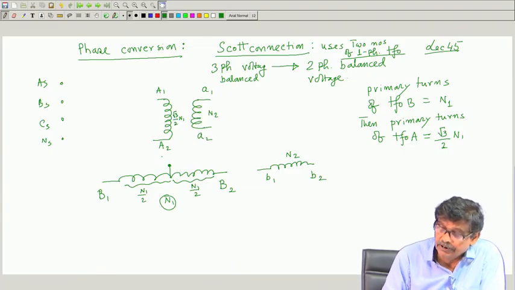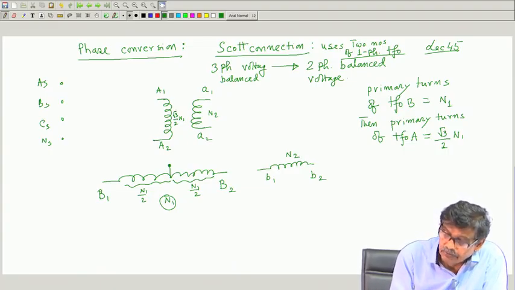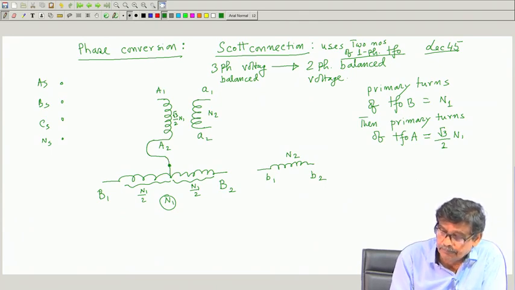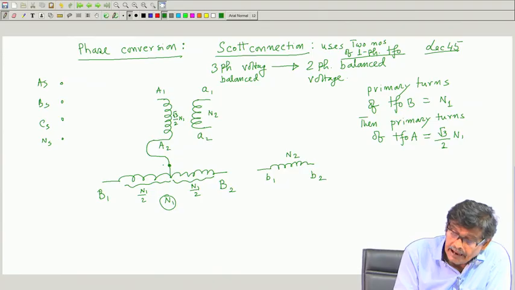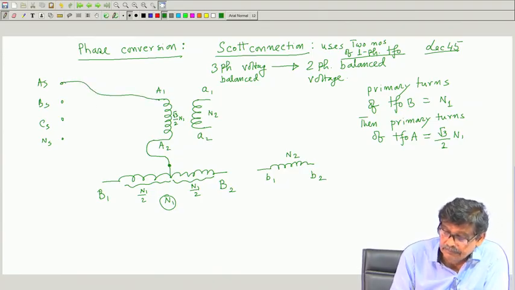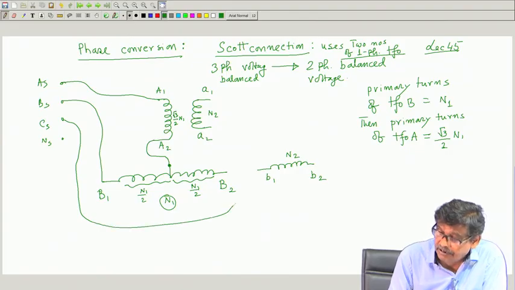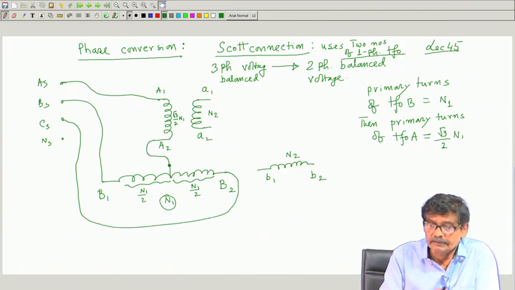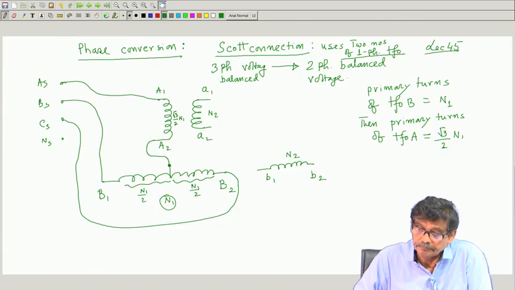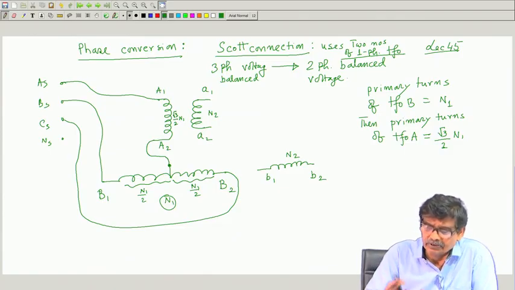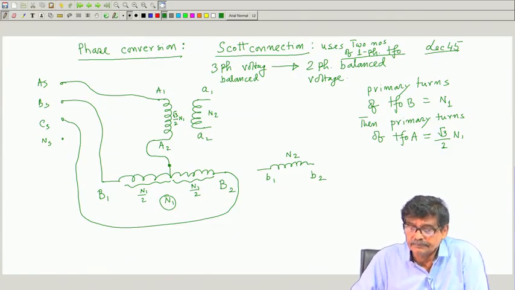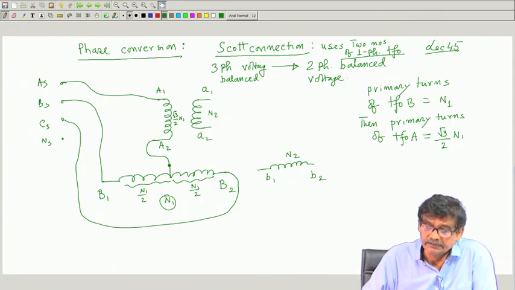Now, what you will be doing is this A2 you join it here with this 50% tapping, and this I will connect it to supply A1, say this I connect to B1 and this I connect to B2. Suppose I connect like that, and secondary I have not connected anything, it is just isolated and left like that.